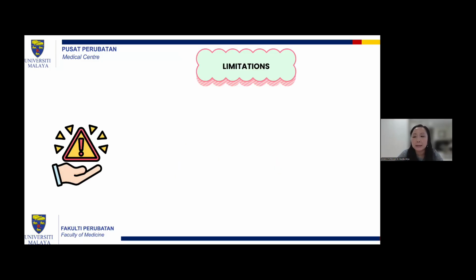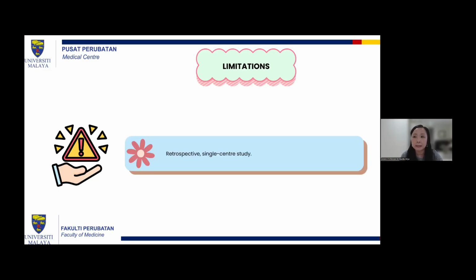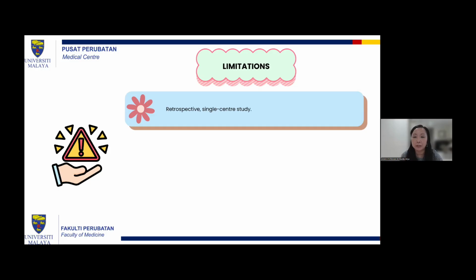Okay, so our study has some important limitations to consider. I think it's important that I highlight these limitations. First, this was a retrospective single center study, which may have led to selection bias. So our findings may also not necessarily reflect what is happening in Malaysia or regionally.